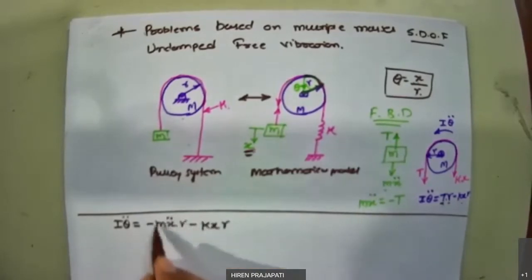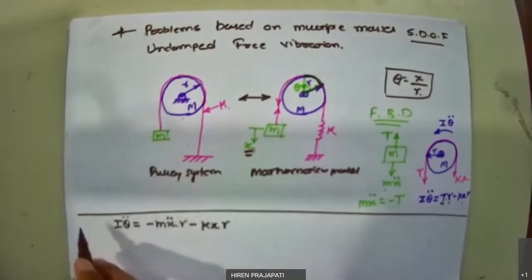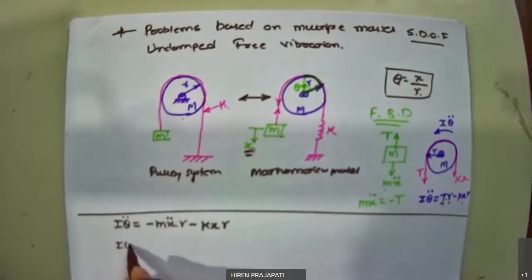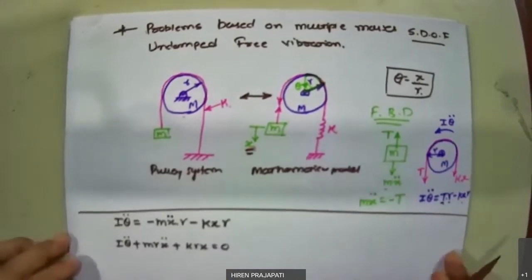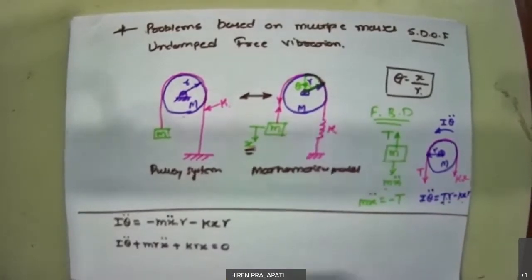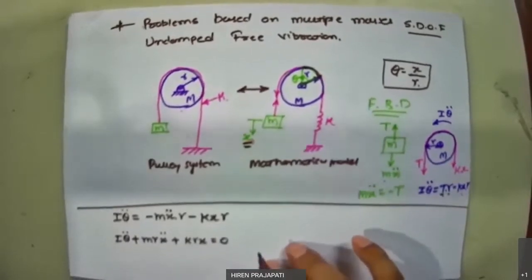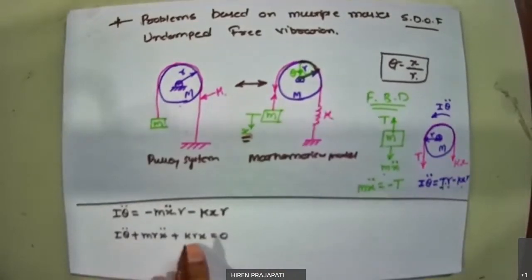Now take these negative terms to the left side, then we get I theta double dot plus mr x double dot plus krx is equal to 0, right? Now please remember, in the previous session we have already discussed, we need to write this equation in any one coordinate, either x coordinate or theta coordinate, right?